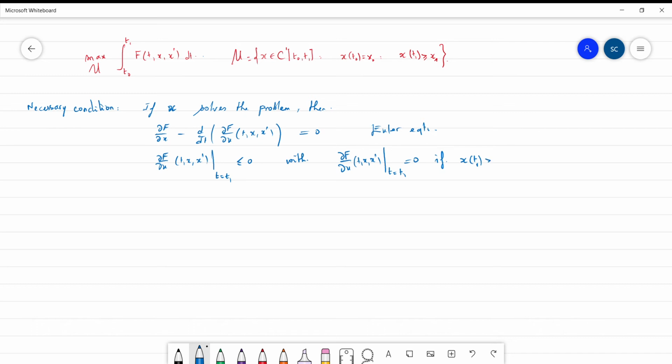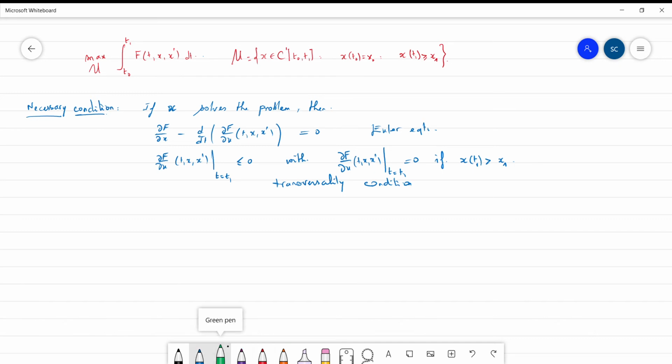If x(t1) is strictly greater than x1, then this one is the transversality condition. This is what we need to check. If we are looking for a candidate for optimality, necessarily solve these two equations and find your candidate.